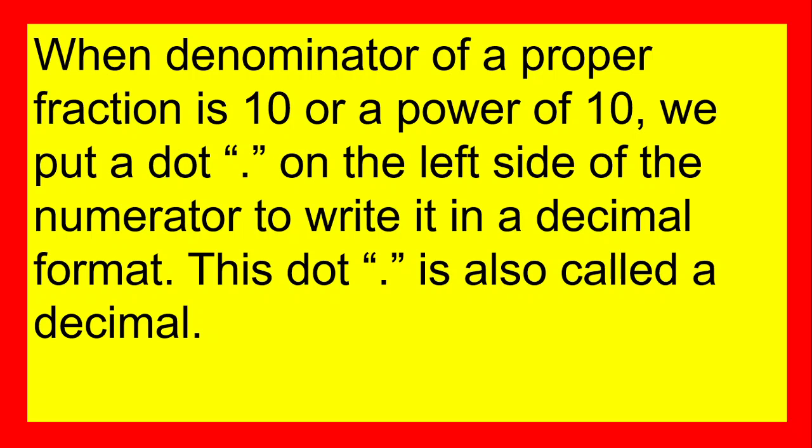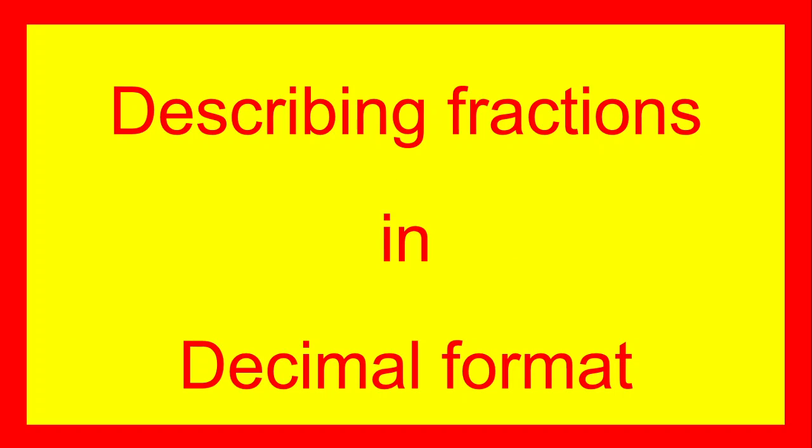We count from the right the number of digits equal to the number of zeros in the denominator, and we simply remove the denominator, and the resulting figure is in decimal format, and that dot is called a decimal point. I will show you how it works, how we describe fractions in decimal format.